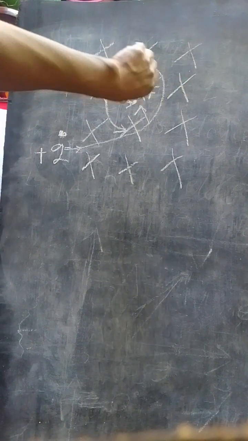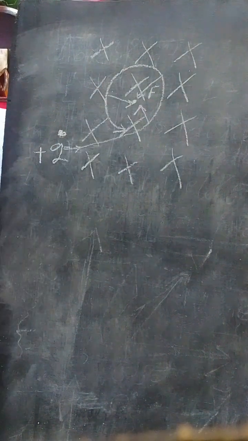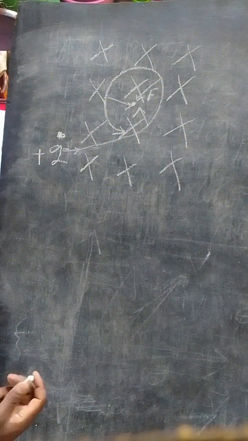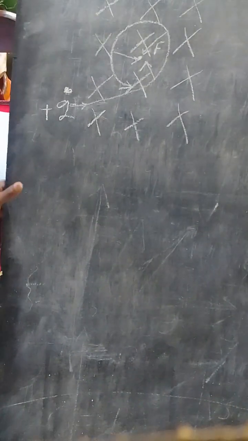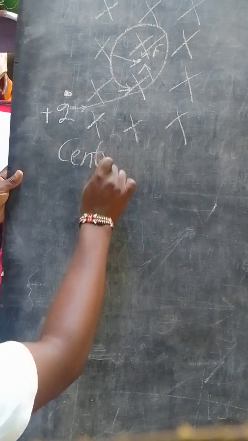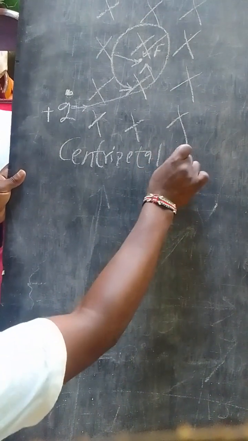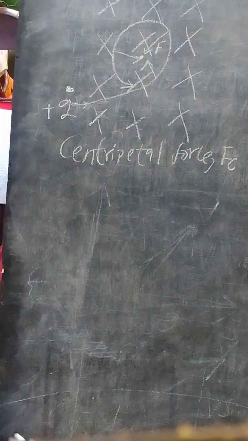So if we curl our hand this way, we see the particle forming a circular path. That force which causes a particle to move in a circular path is called centripetal force, which is constraining our charge to move in a circular path.